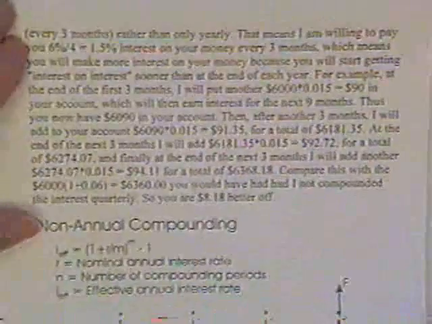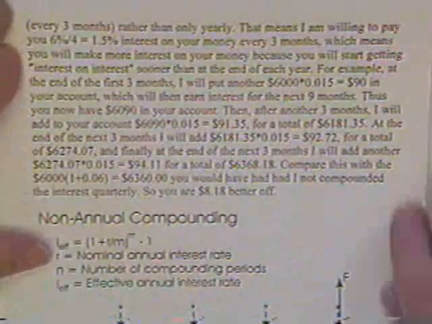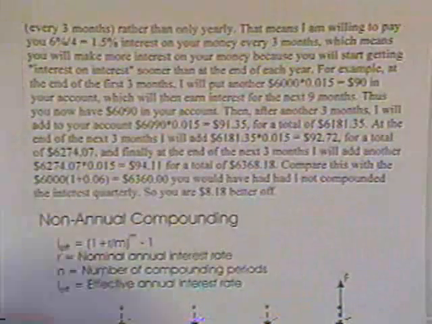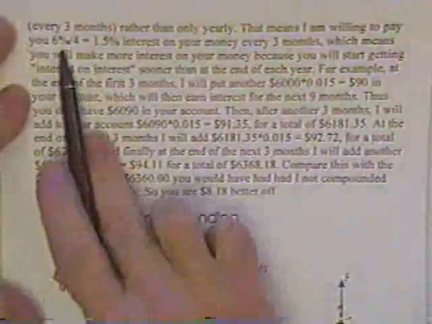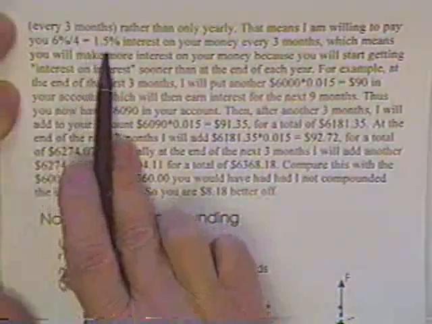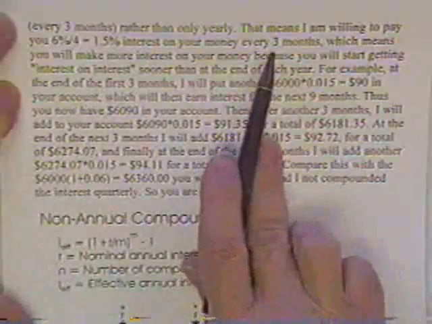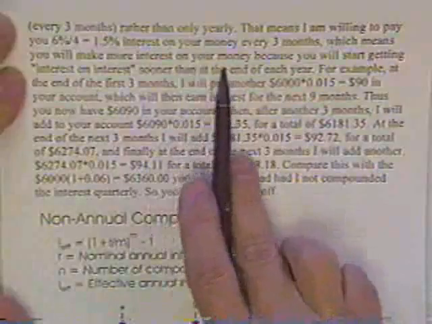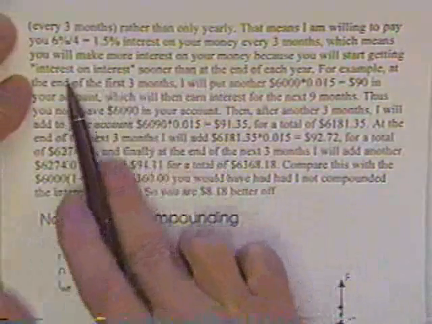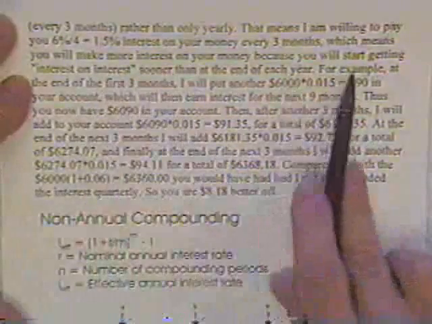In other words, every 3 months, rather than only compounding it at the end of the year. Now, the advantage to you in this is that I'm not really willing to pay you 6% a year, but I'm really willing to pay you 1.5% interest on your money every 3 months. It means you're going to get more interest on your money because you're going to be getting some interest on interest before the end of the year.